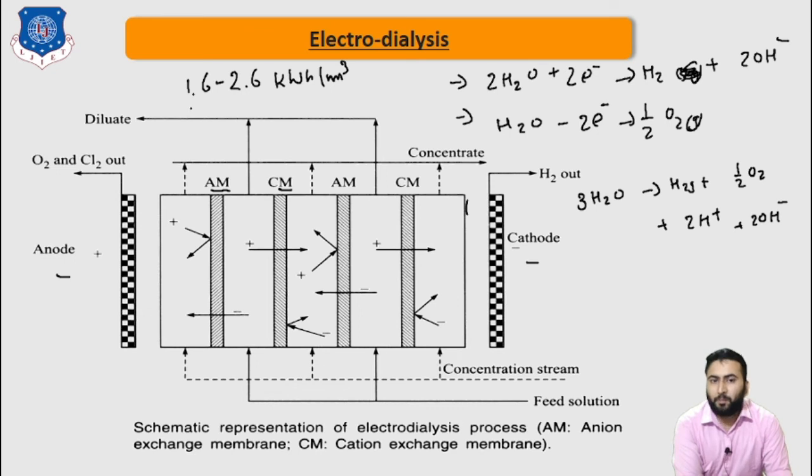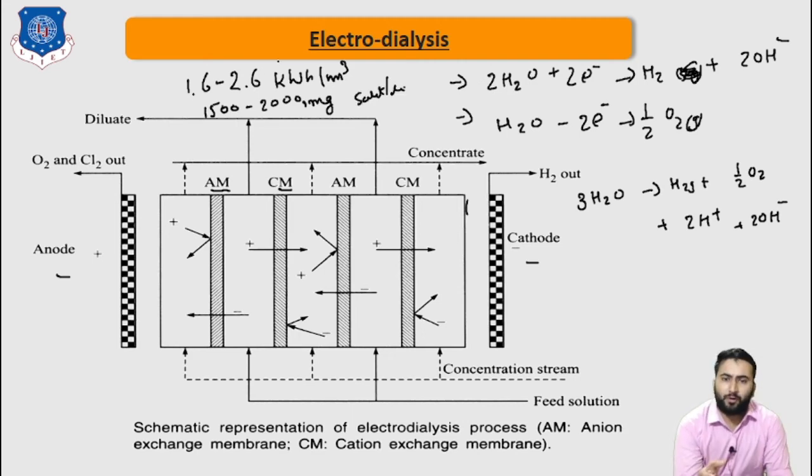The product water from feed has 1500 to 2000 milligram salt per liter. To acquire a product out of one part of the solution, whether diluted or concentrate, can be the only goal of electrodialysis, but sometimes quality is required of both products, especially when treating wastewater.